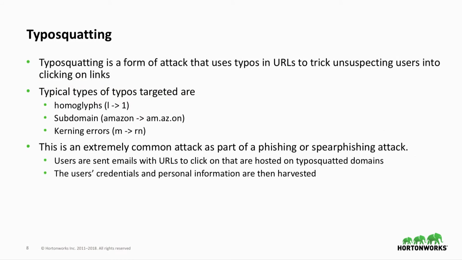Okay, so with that context and what Metron does and how it's related, well, let's talk briefly about this kind of attack. So typosquatting is a form of attack that utilizes typos in URLs to trick users into clicking on malicious domains. This is a common thing that spearphishing attacks and phishing attacks use.